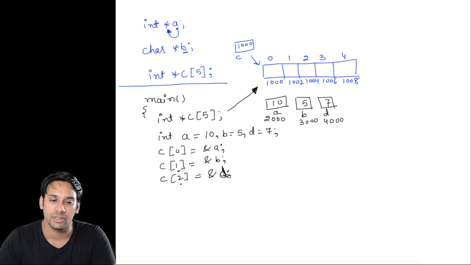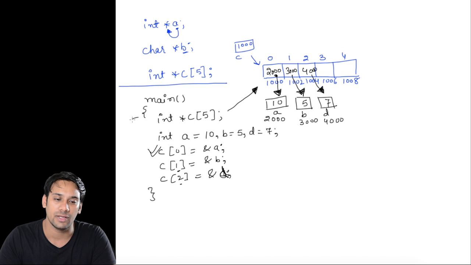So index location 0 will be storing 2000, index location 1 will be storing 3000, and index location 2 will be storing 4000. That means each index is pointing to its variable. This is how we can declare an array of pointers.